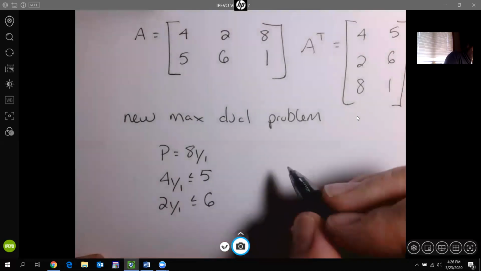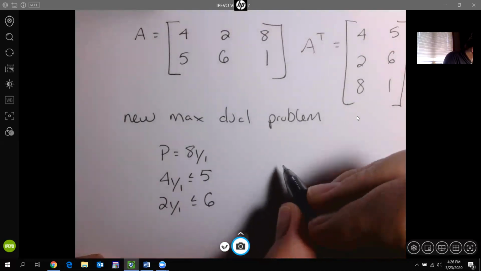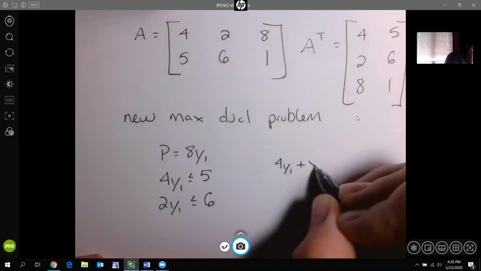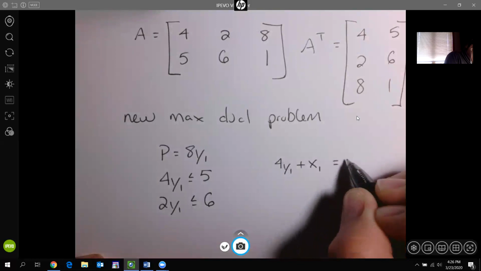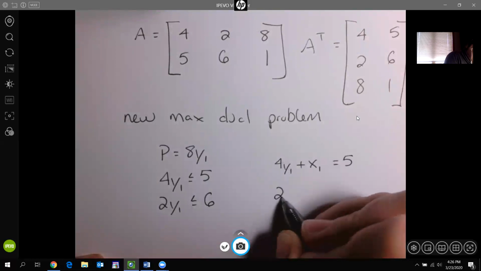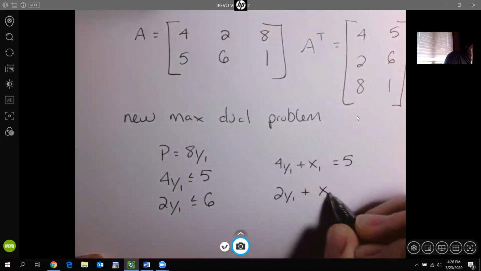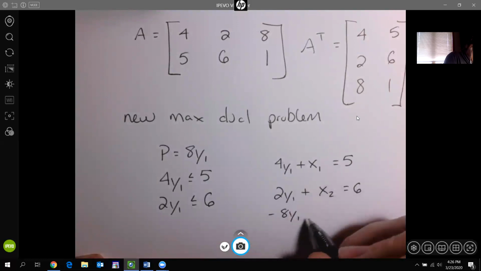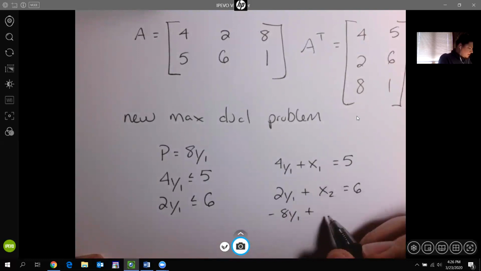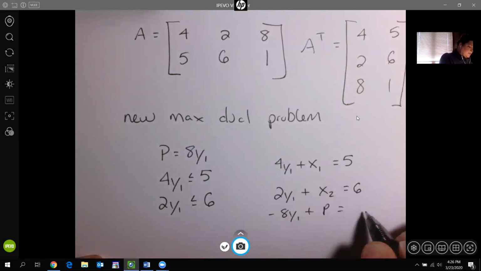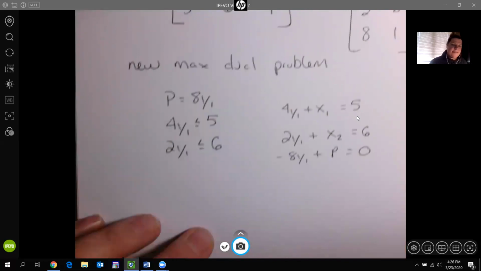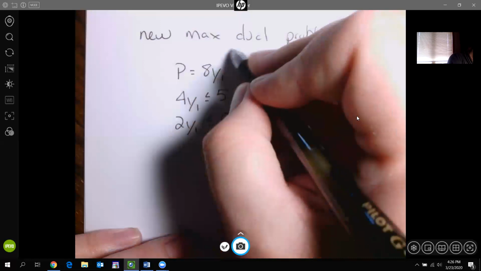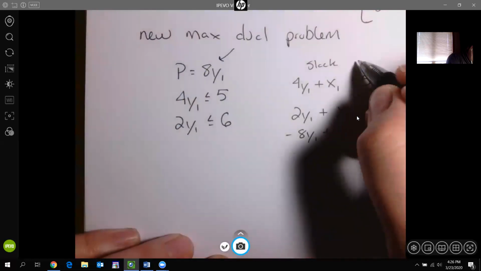Okay, but our slack variables will go 4y1 plus x1 equals 5, and 2y1 plus x2 equals 6, and negative 8y1 plus p equals 0. Okay, let's write that. So this is our full max, and this is our slack variables.